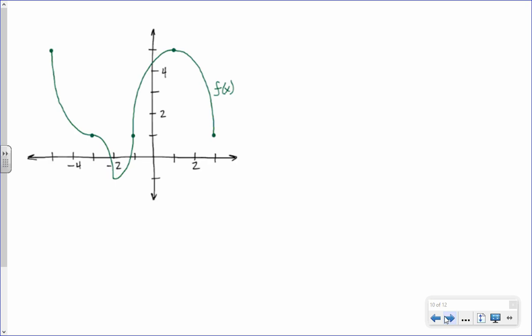Okay, we're going to look at 2 graphs. So I'm going to give you 30 seconds to draw this graph. Maybe a minute. I'll give you a minute.